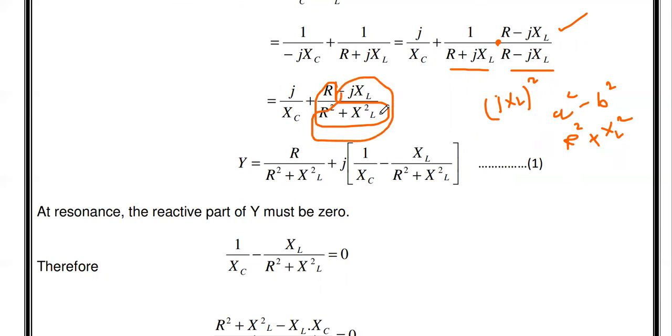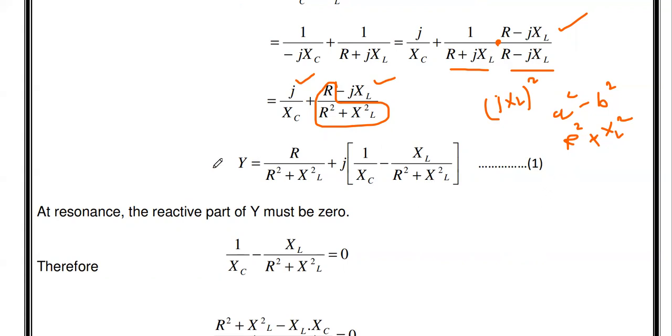So the above term consists of three parts, one real and two imaginary. You write the real part first, R by R squared plus XL squared, then take j outside for the imaginary terms: 1 by XC minus XL divided by R squared plus XL squared.